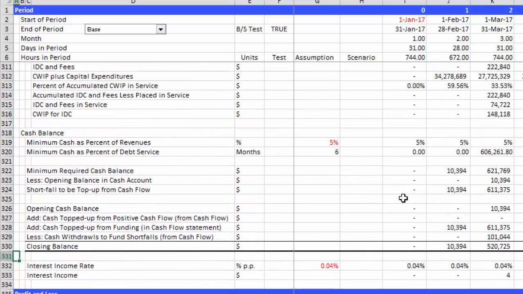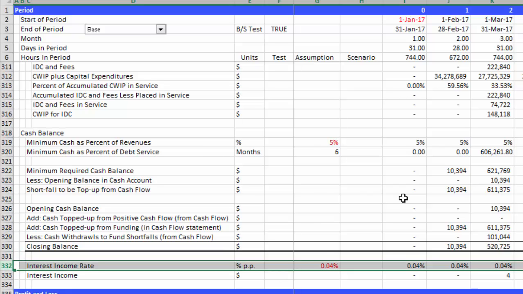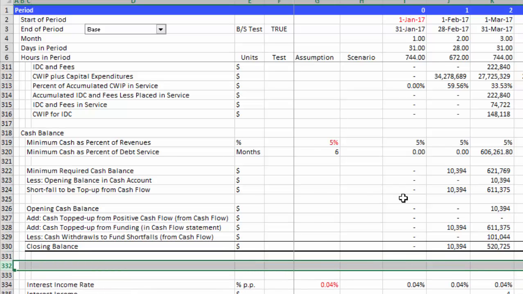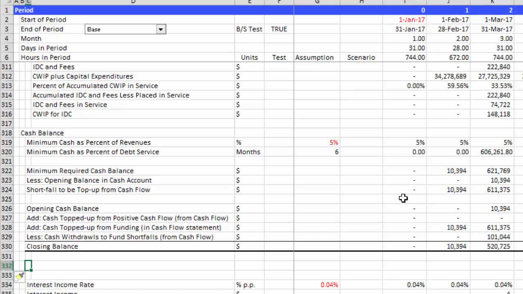When you have this closing balance of cash, I probably would put a positive test in here. Okay, and then I'm going to call this closing cash balance. You'll see why in a minute.